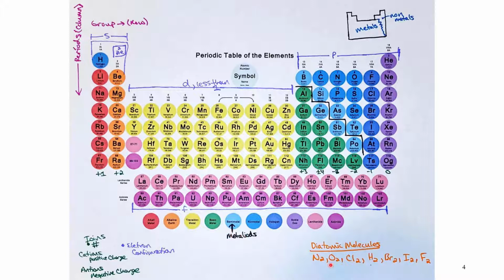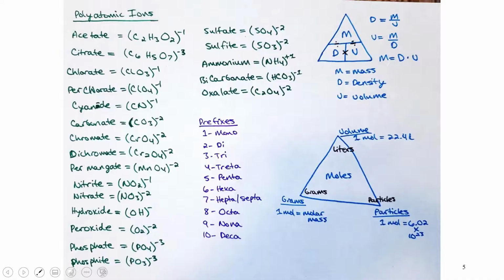And then I've included the diatomic molecules that you might want to memorize because sometimes they might be helpful to reference or remember what those are. We look at some polyatomic ions that are common that I think will be helpful when you're trying to name a compound or something like that. I include some prefixes as well, and then I include the density triangle and the moles conversion triangle, so going from liters, grams, and particles.